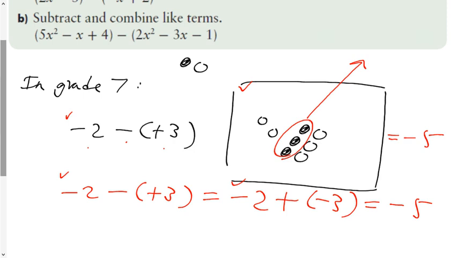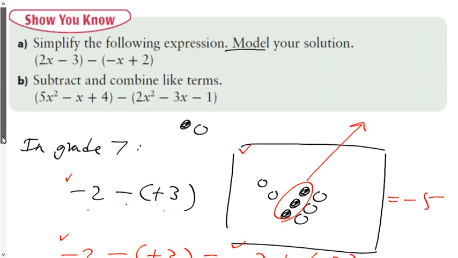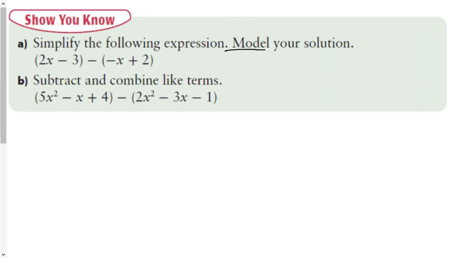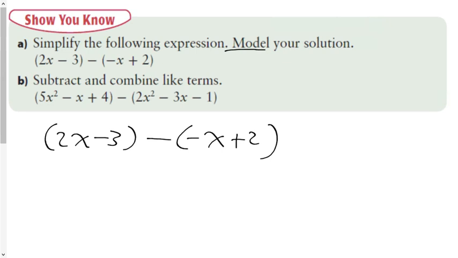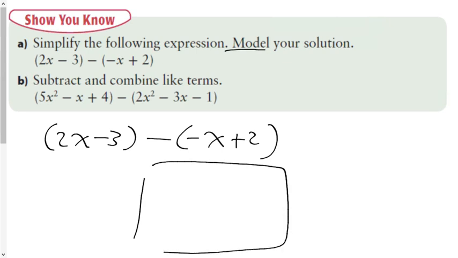Now, why am I showing you this? Well, that same principle happens to work with algebra as well, with polynomials. So if I erase this, now that we have that, let's apply that exact same thing with this question here. 2x minus 3 minus -x plus 2. So again, we're going to start with a space, and into that space, I'm going to put my first term.